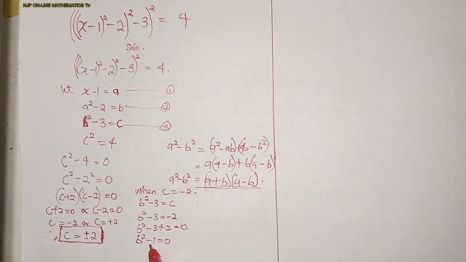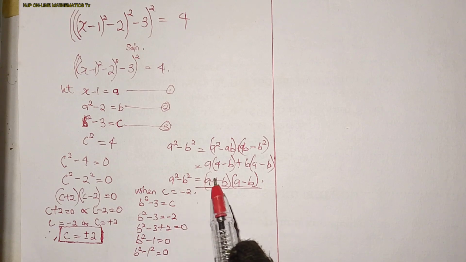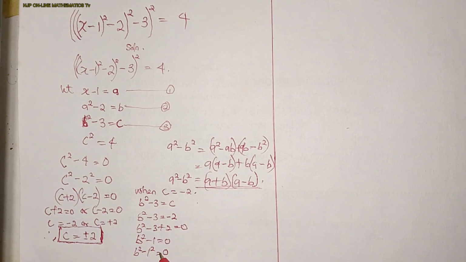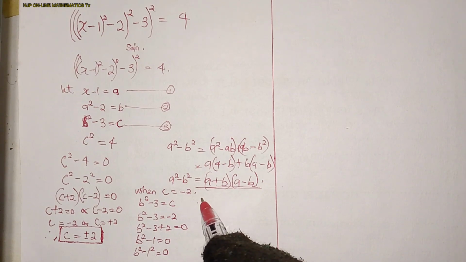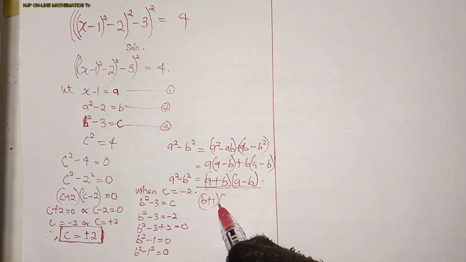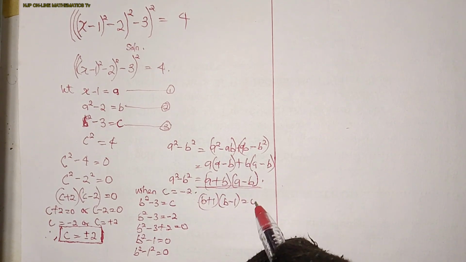And 1 can also be written as 1 square. So we are having b square minus 1 square equals 0. Remember the relationship for the difference of 2 squares here. We have to apply it here. So we are having b plus 1 multiplying b minus 1 equals 0.